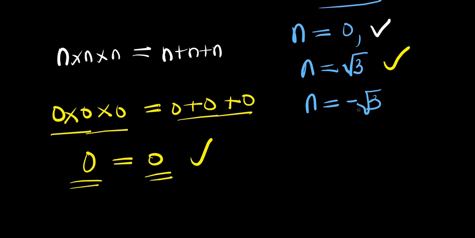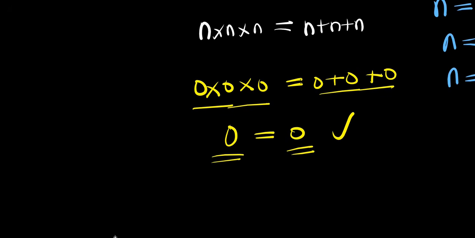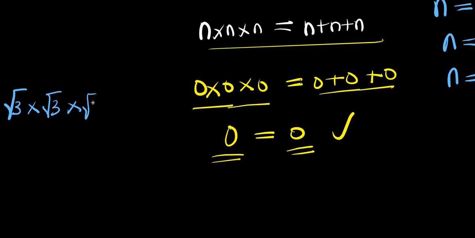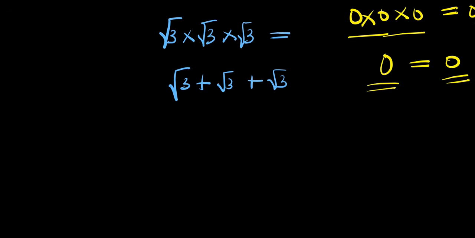Now let's consider when n equals root 3. So when n equals root 3, we are simply going to use the same equation, which is this. So we are going to have root 3 times root 3 times root 3 equals, is it the same thing as root 3 plus root 3 plus root 3? So let's find out right now.